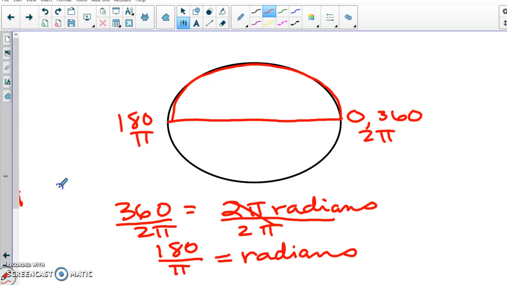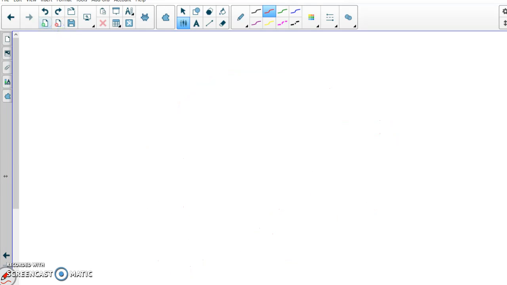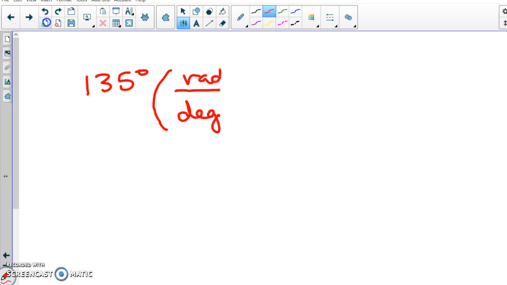I'd like you to go ahead and look at example 2. Let's go through one of those. I'm looking at example 2, part A. We're going to take 135 degrees and convert to radians. The way that we do this is to use our conversion factor. We want to get rid of degrees and multiply by radians.